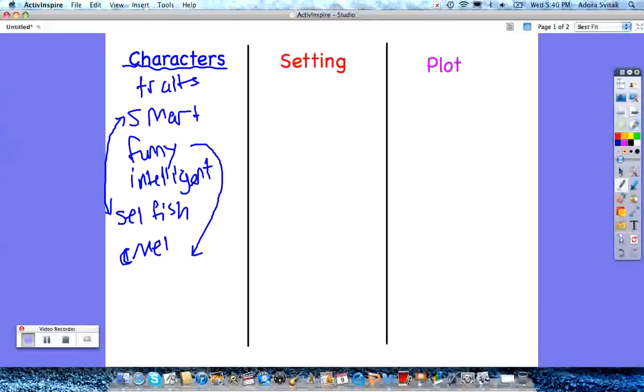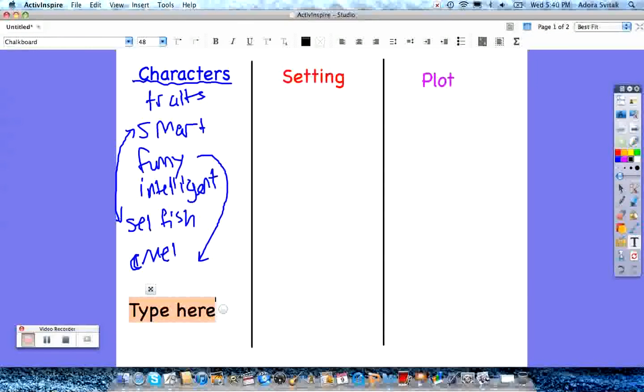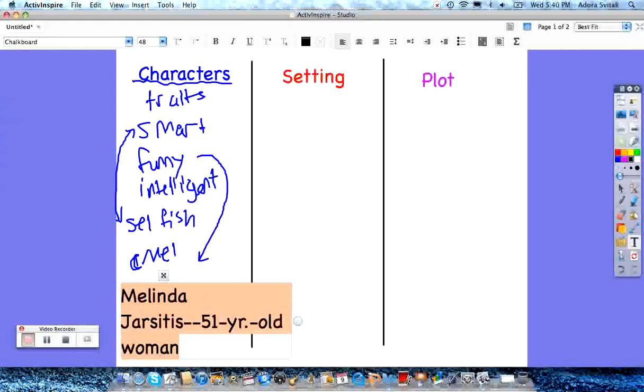So, remember I'm supposed to be outlining the story in 5 minutes, so that was a little explanation of characters. For my first character, I'm going to call her, let's think here, Melinda Jarositis. Okay, that kind of sounds like a bad disease, but Melinda Jarositis, and I'm going to give her an age. She is a 51-year-old woman. I'm going to make this font a little smaller, so don't count the 5 minutes against me here.